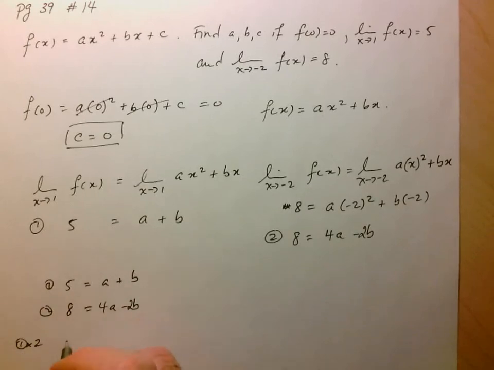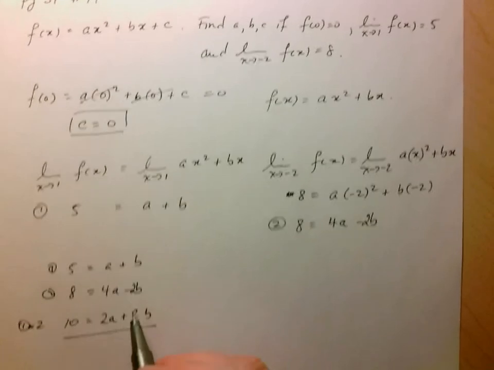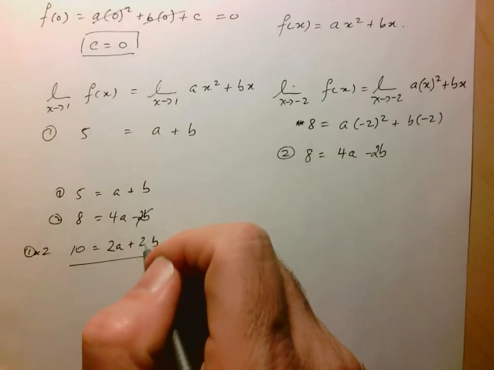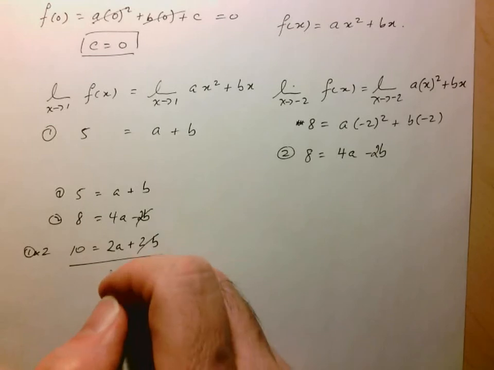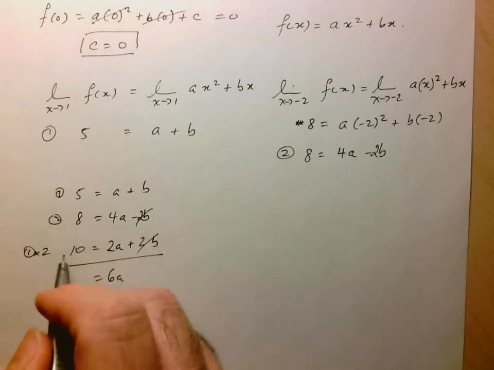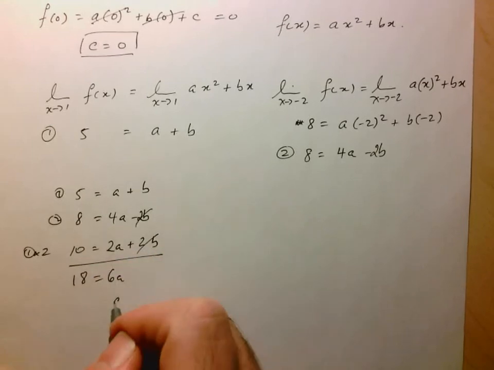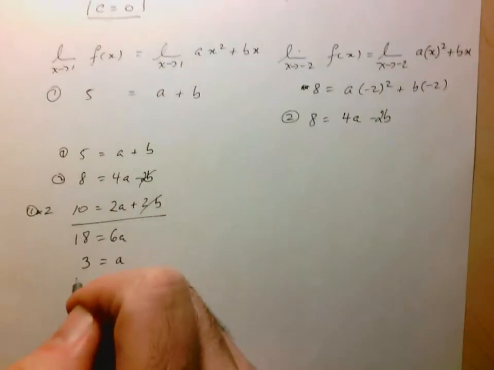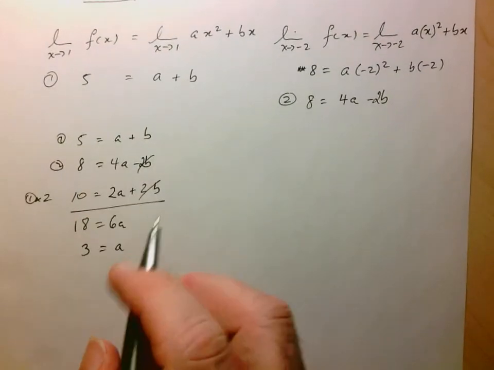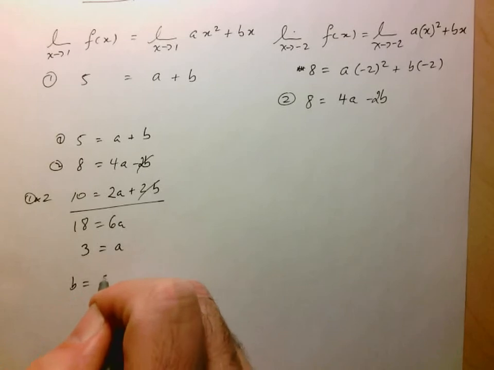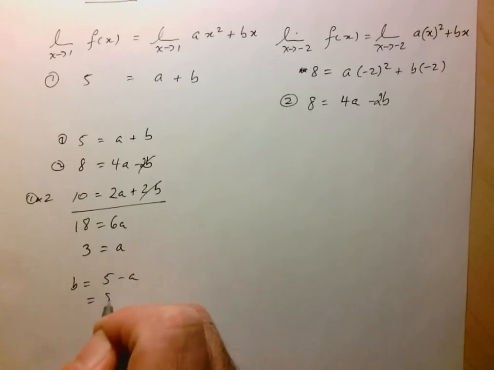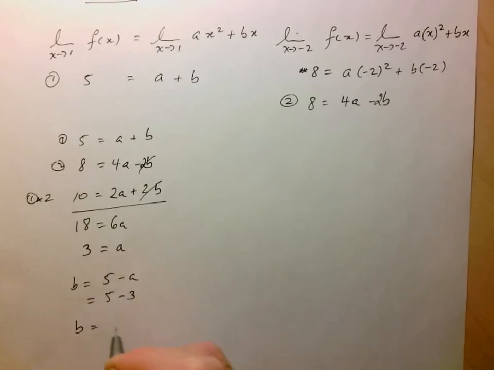That gives us 10 equals 2a plus 2b. Here I'm going to add these two equations together. So 2b and negative 2b cancel out, and we're left with 6a equals 18. And so a is equal to 3. Then from the first equation, b is just equal to 5 minus a, so b is equal to 2.